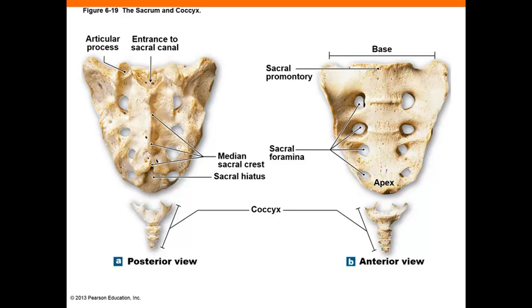This is where it's going to articulate with L5. The sacral canal runs down the posterior surface and the sacral foramina on either side of the median sacral crest. The coccyx has 3 to 5 fused vertebrae and provides attachment for muscles of the anal opening, sometimes called the tailbone.